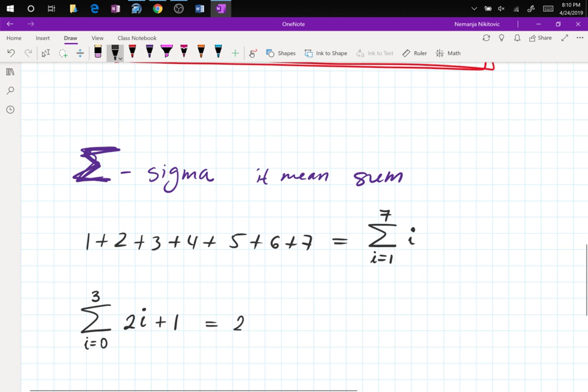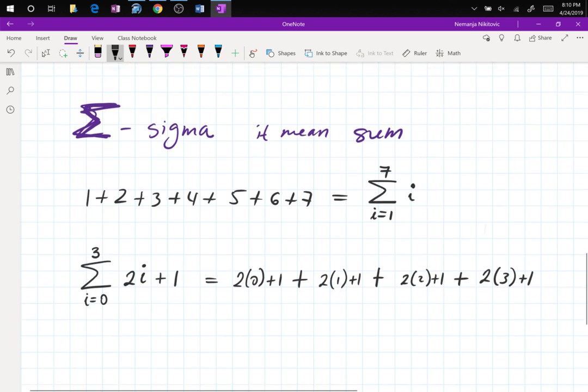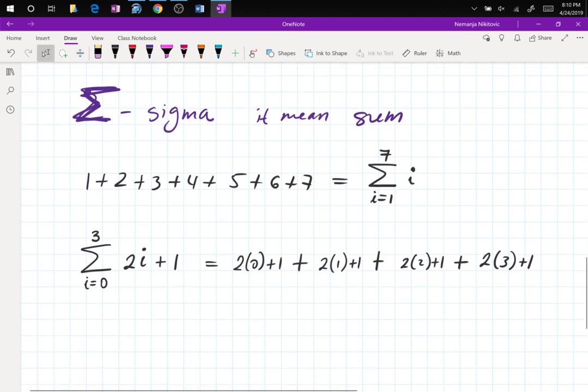So 2 times 0 plus 1 plus 2 times 1 plus 1 plus 2 times 2 plus 1 plus 2 times 3 plus 1. That's what it means. We don't have to go computing this thing. I'm just interested in what it means.